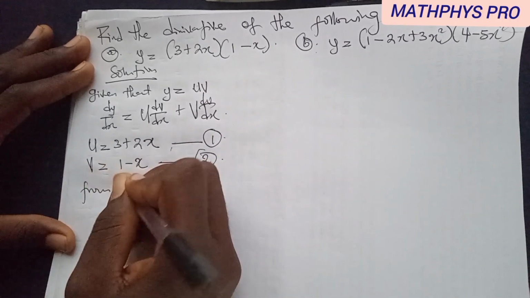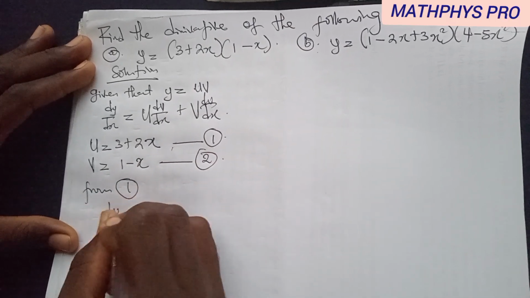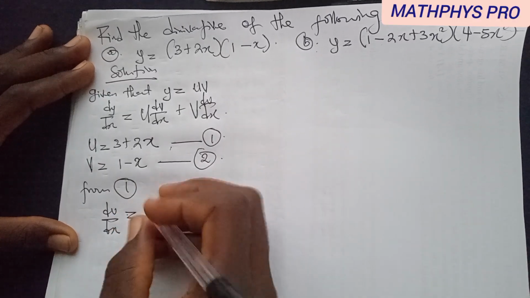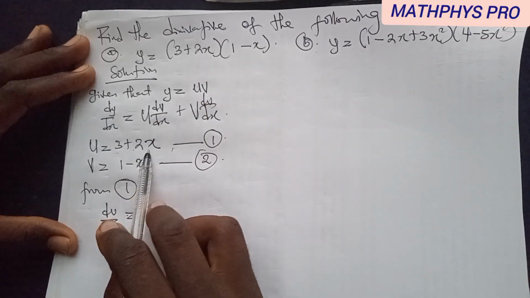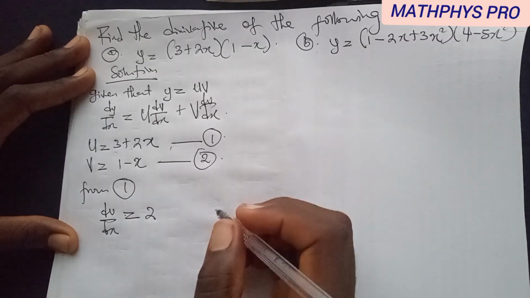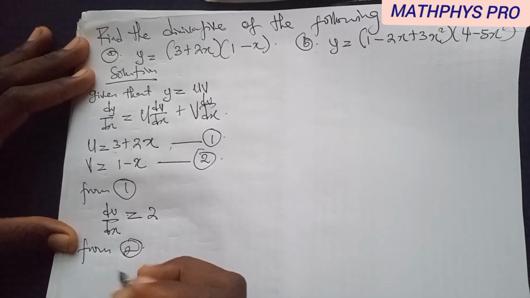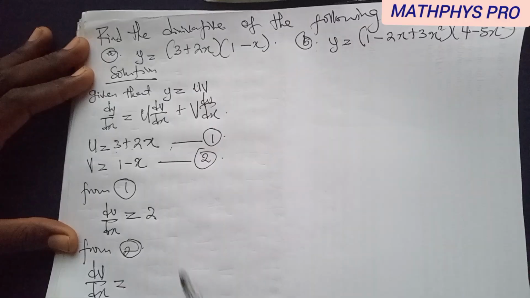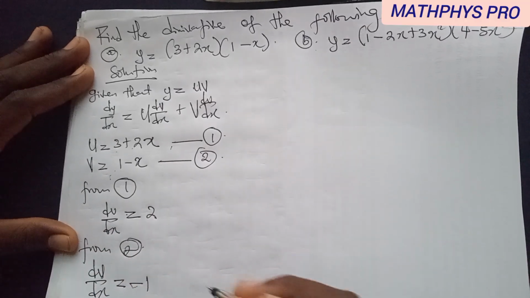Now from equation 1, du dx will be equal to, differentiate 3 plus 2x gives you just 2, because if you differentiate 3, you get 0, and differentiate 2x, you get just 2. Now from equation 2, dv dx is equal to, if you differentiate 1 minus x, minus 1.